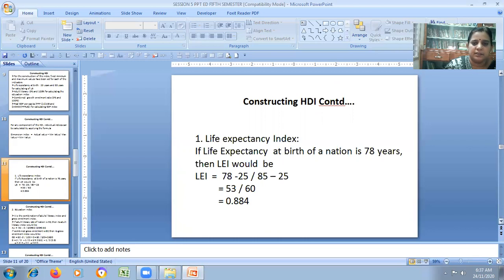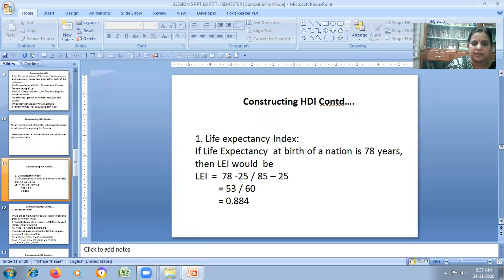First indicator, that is life expectancy index. If life expectancy at birth of a nation is 78 years, then life expectancy index, LEI, is equal to 78 minus 25 divided by 85 minus 25, as mentioned in the above slide, the formula for calculation.